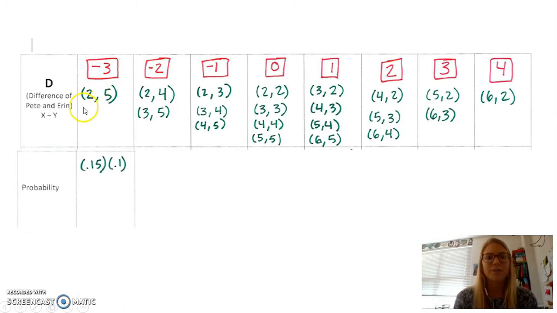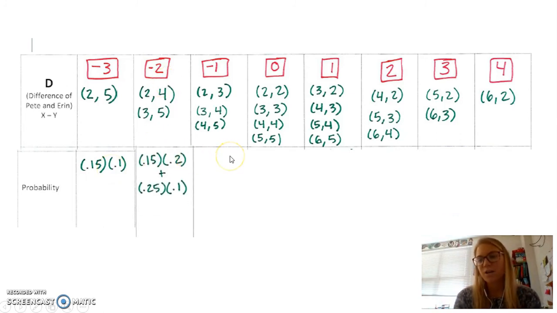I found the likelihood that Pete has 2 people, I found the likelihood that Erin has 2 people, and I multiplied them together. I did the same for negative 2. So if you are bored tonight, go ahead and try all of the rest, because I actually want to finish this distribution for once. We have been lazy and we've been skipping over that part.